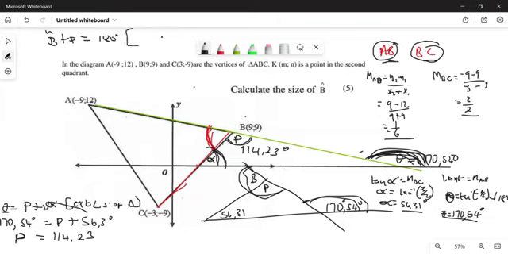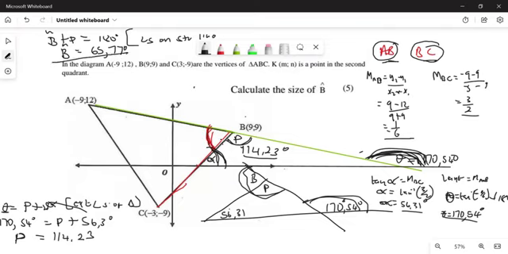And the reason is that they are angles on a straight line. And then it makes B equal to 180 degrees minus 114,23. And then you get 65,77.